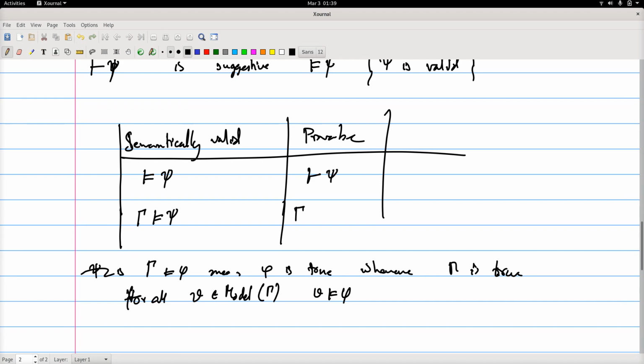Similarly, we have this notation, gamma proves C. What is this?